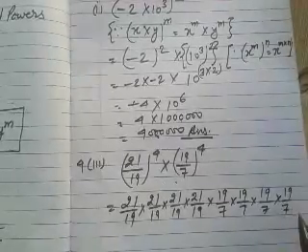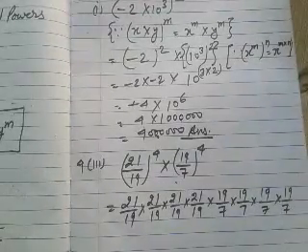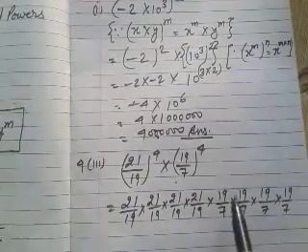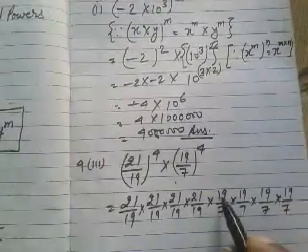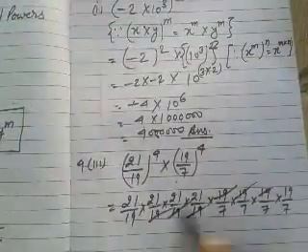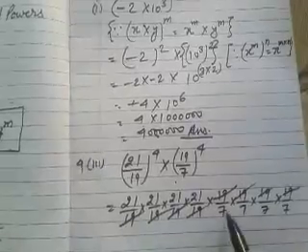Now see here, check whether cancellation is possible. Yes, 19 and 19 cancel out, cancel out, cancel out, cancel out.